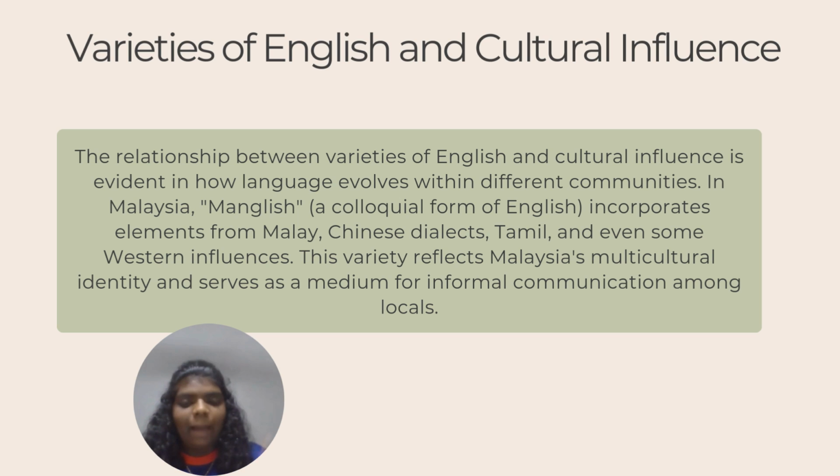In Malaysia, Manglish, a colloquial form of English, incorporates elements from Malay, Chinese dialects, Tamil, and even some Western influences. This variety reflects Malaysia's multicultural identity and serves as a medium for informal communication among the locals.